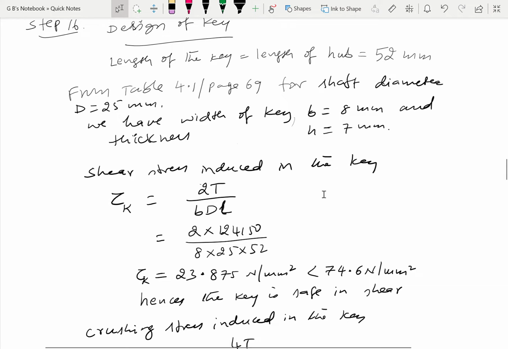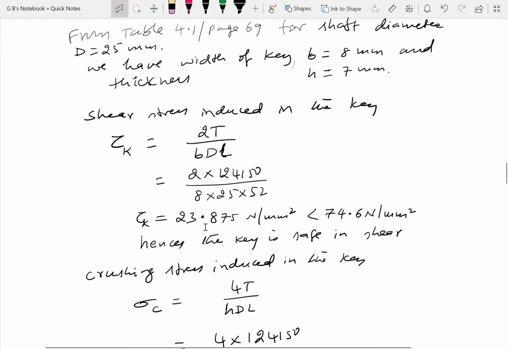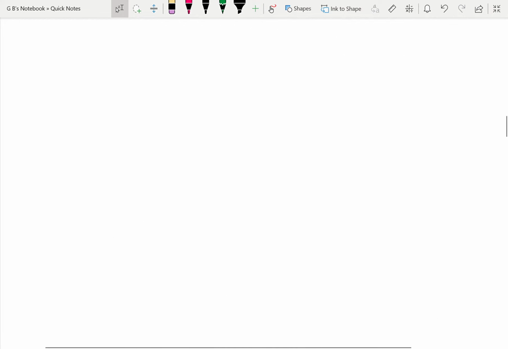First, shear stress induced in the key, tau key, is equal to 2 times T divided by B into diameter of the shaft into length of the key. Induced shear stress is 23.875 Newton per millimeter square after simplification. This is less than the allowable shear stress in the key, which is 74.6 Newton per millimeter square, that we already have taken.